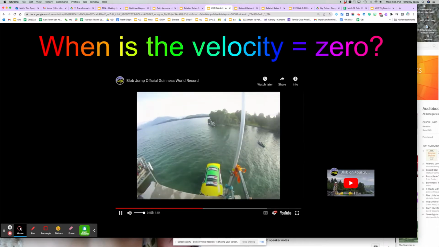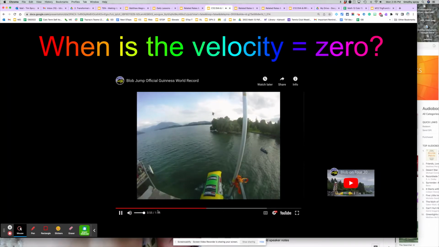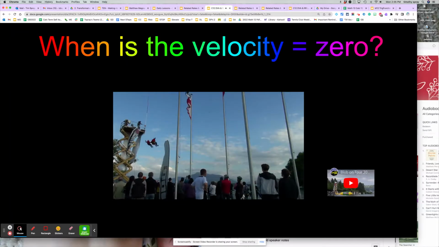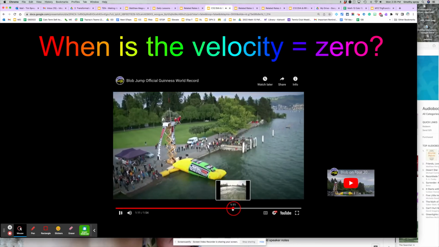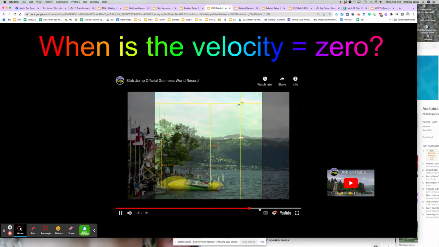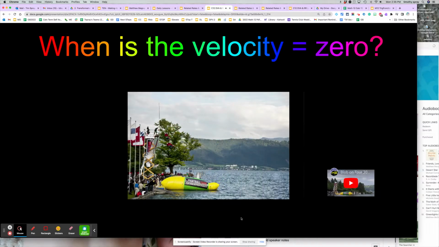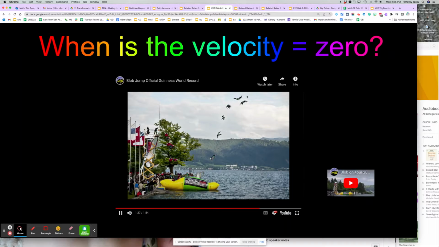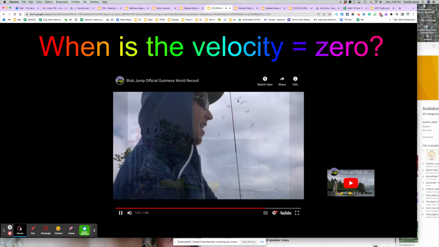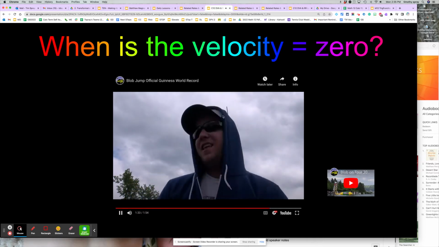For example, when the guy's sitting on that blob thing, obviously there's no velocity. And when he's in the water, the velocity is limited. There's also another time where velocity is 0, and we're going to speed up and see if you can find it. So why don't you tap on the screen when the velocity is at 0? And right at that moment there, the velocity is 0, isn't it? Because we're shifting from moving up to moving down, and that's a clear spot where velocity is 0.